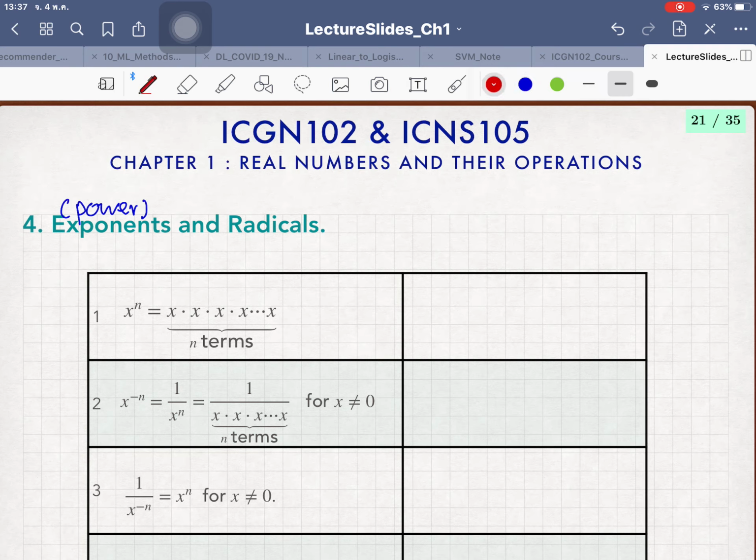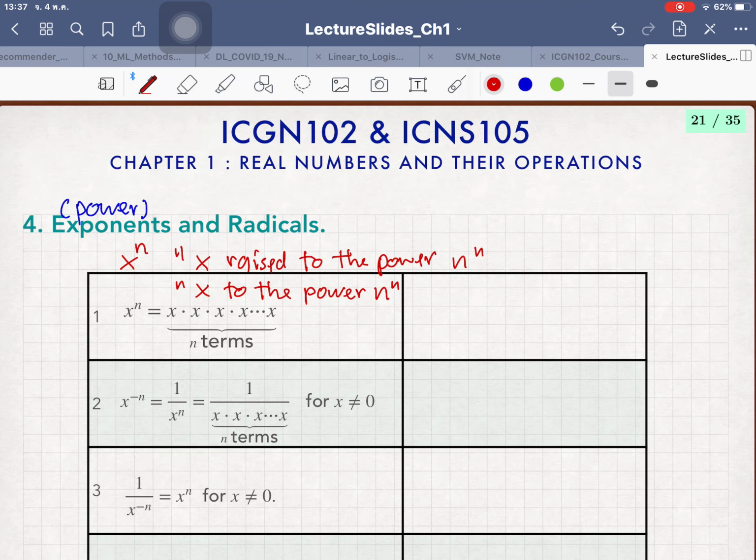Here, when you see the term x to the power n, you can say that x raised to the power n. But for short, you just say x to the power n.